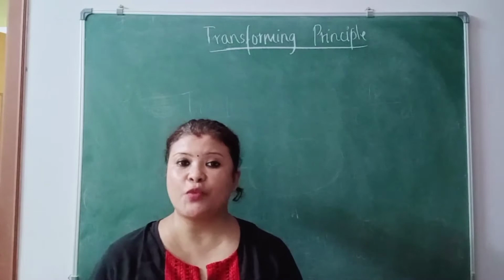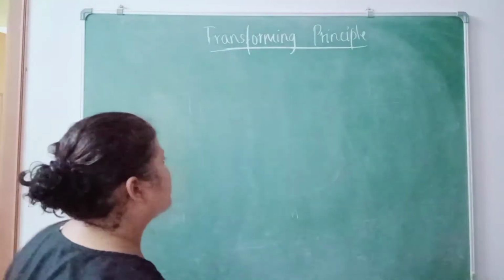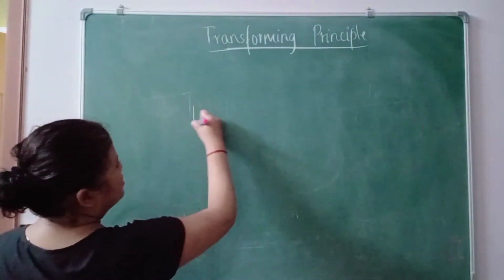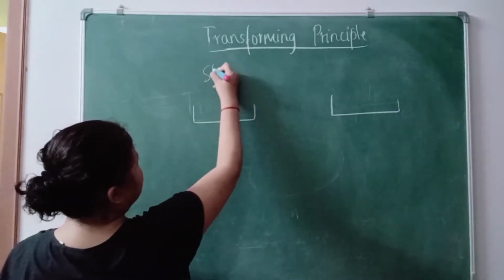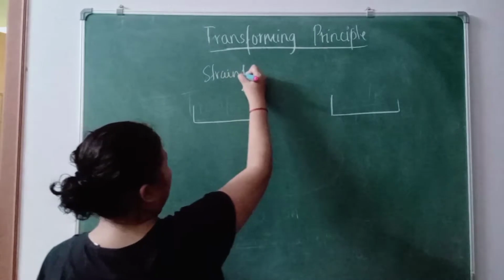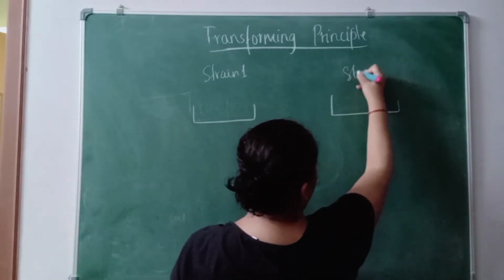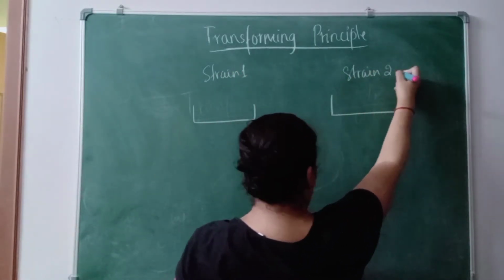The two different strains had various characteristic features. So he observed, let us see, we'll name this strain 1 and this strain 2.